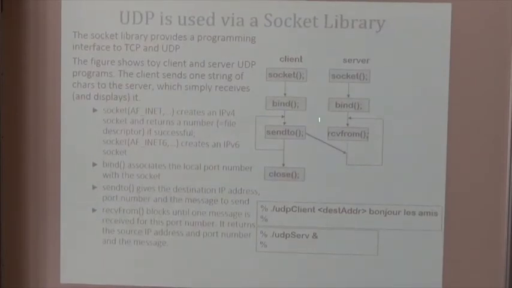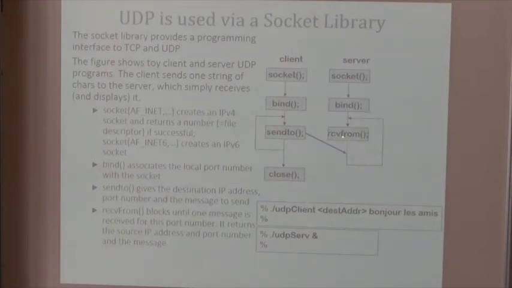So by default, a receive is blocking. When this instruction is executed, if something has arrived for you, you will get as a return the message that has arrived. If nothing has arrived, then the program blocks.